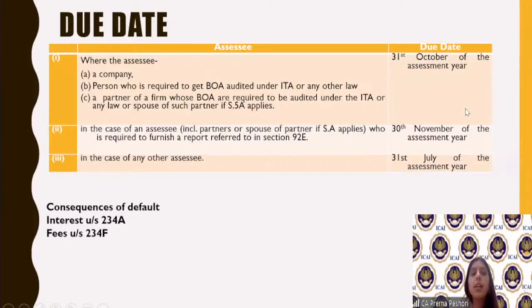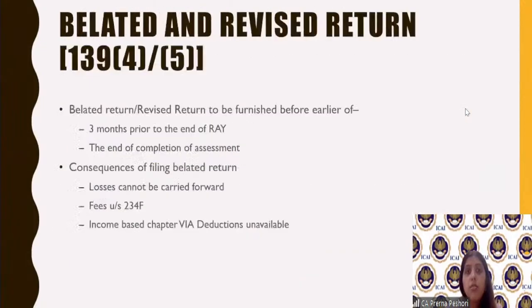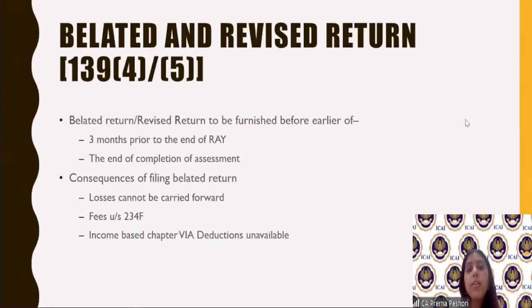A belated return can be furnished before 3 months prior to the end of the relevant assessment year. So your assessment year is going to end in March. 3 months prior to that is December. So by 31st December, you need to file your belated return.